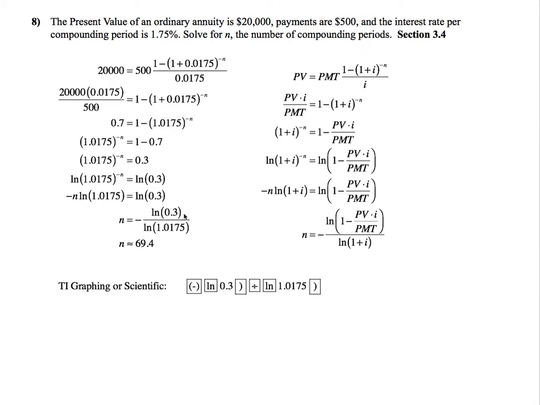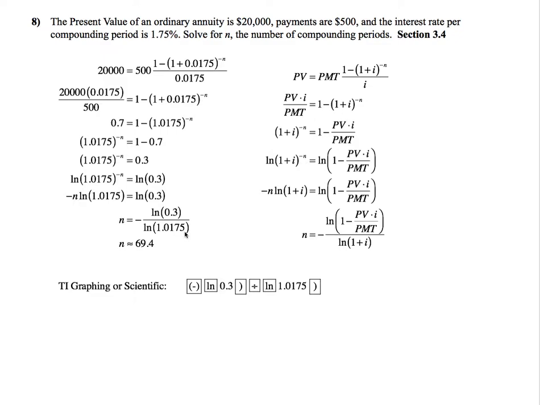When you calculate PV times I over PMT and subtract it from 1, remember, PVI over PMT was just 0.7. And you subtract that from 1, you get 0.3. And so you're taking the natural log of 0.3. And then in the denominator, you're taking the natural log of 1.0175.